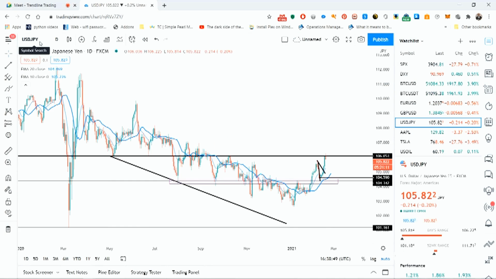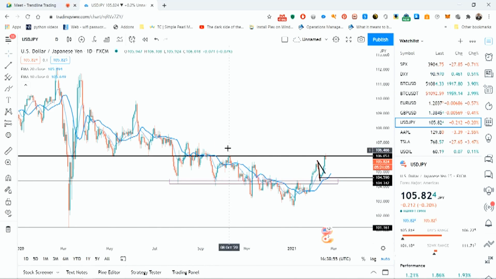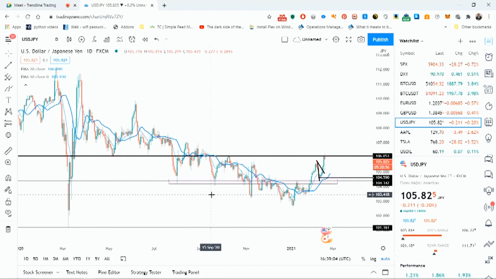So this is USD JPY, the trade I've been looking at and trading for a while. If you look at this market, I have some horizontal levels here, right? Let's take off some of them so we can see more on the chart.